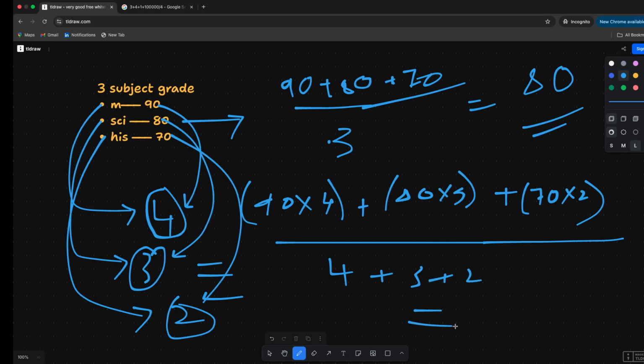So this is equal to 82 point something, so it is 82.2.